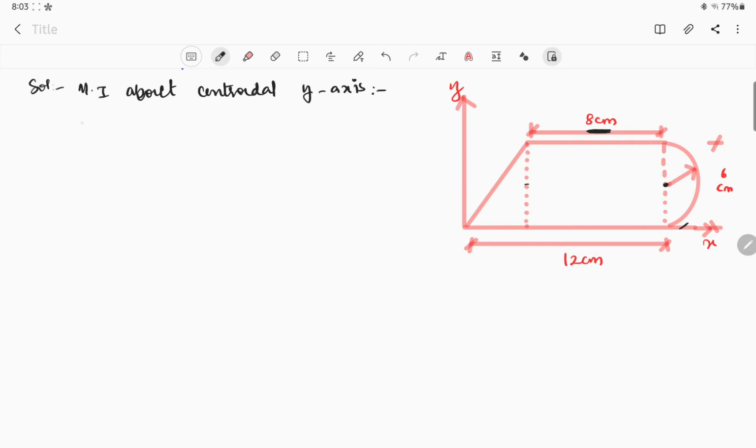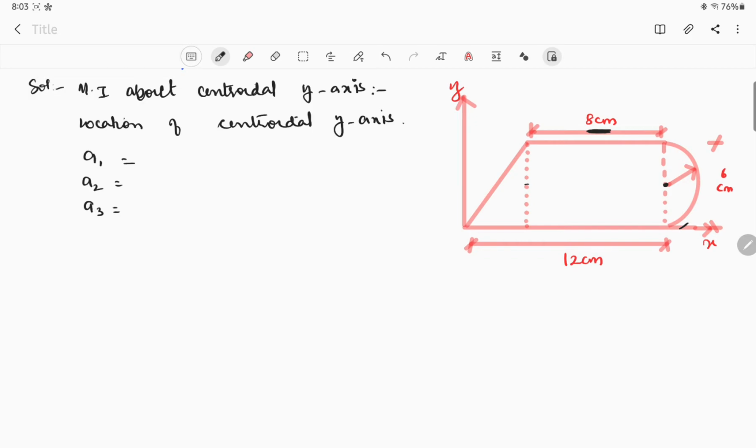and x3. So we'll write here location of centroidal y-axis. How to calculate location of centroidal y-axis? First, we have a1, a2, a3. These are the values we already have with us.